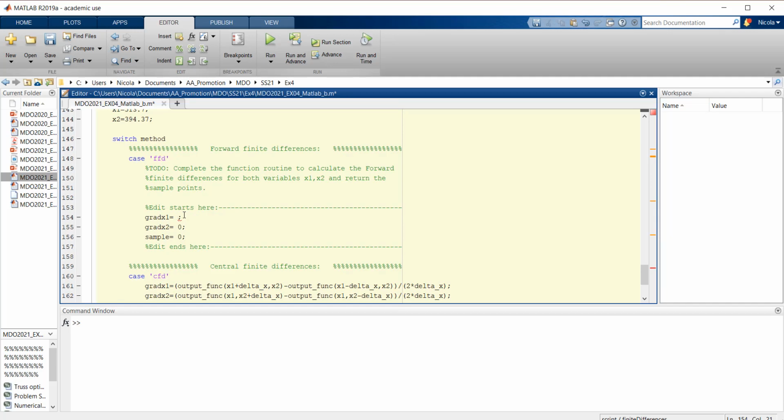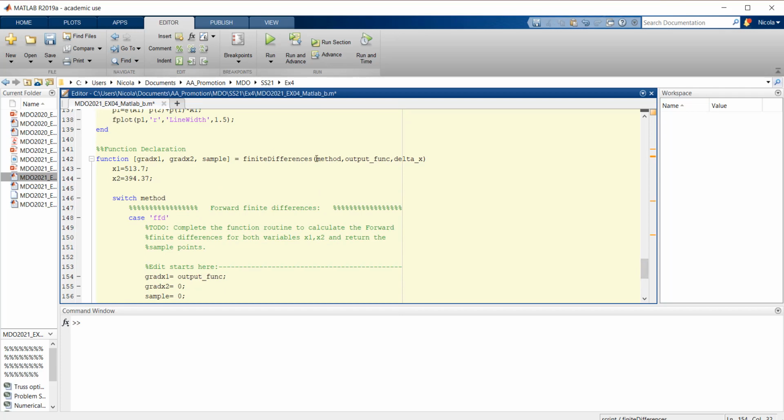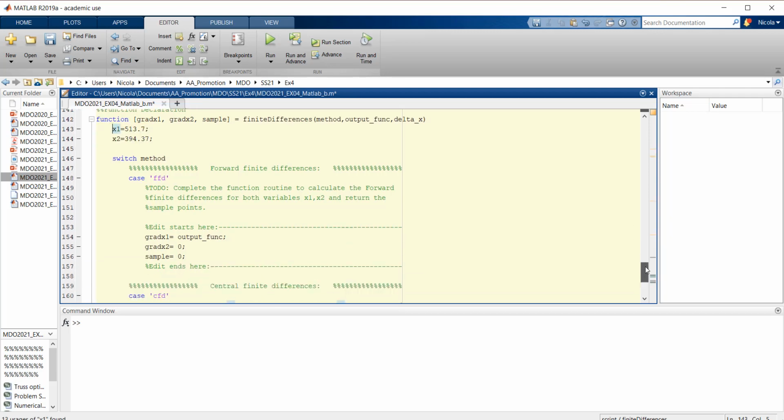So the gradient with respect to x1 is the output function. So that's what we've given here. We got a method, we got the output function, so something like f or g also, and we got delta x, our step size. We got the two values x1 and x2, so the optimal values for a1 and a2 given here, because that's the point where we want to compute the gradients.